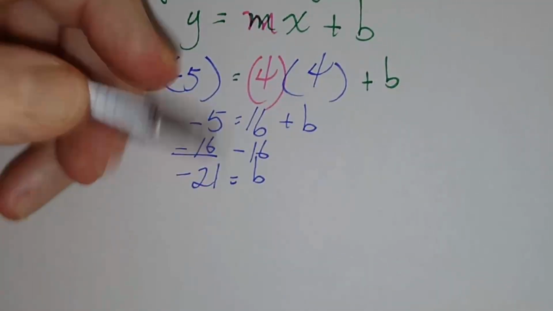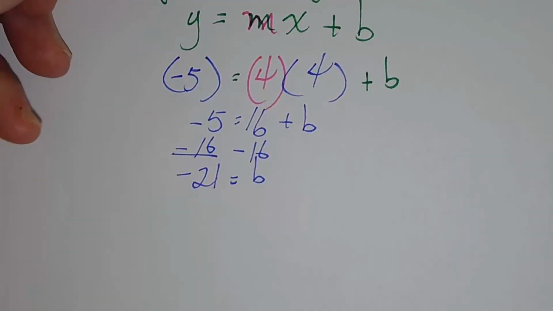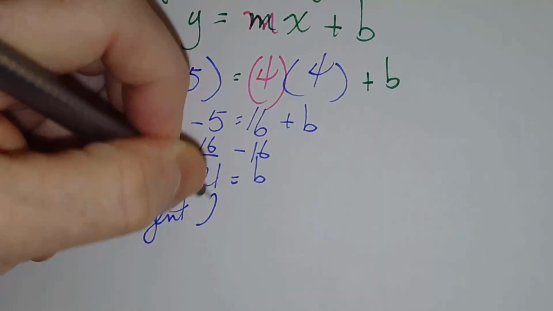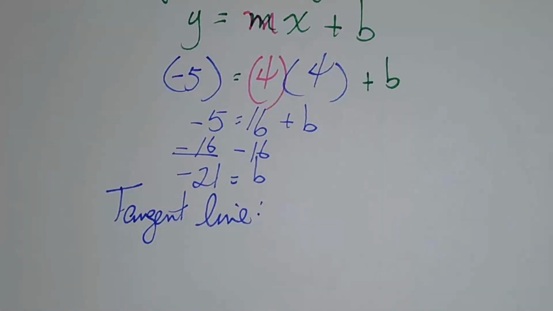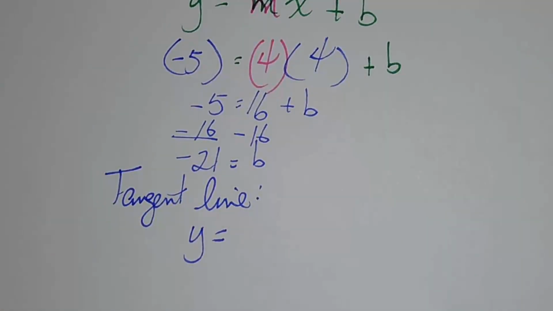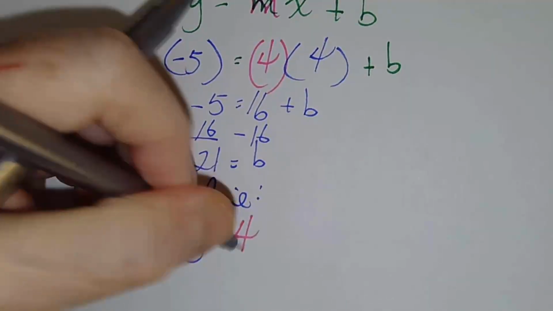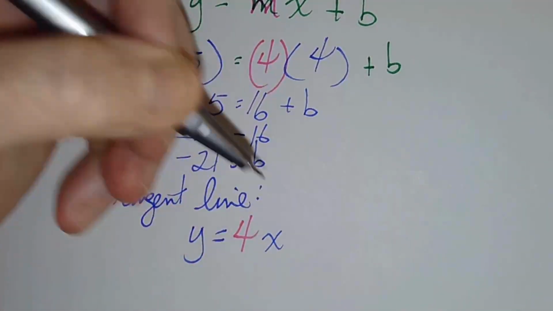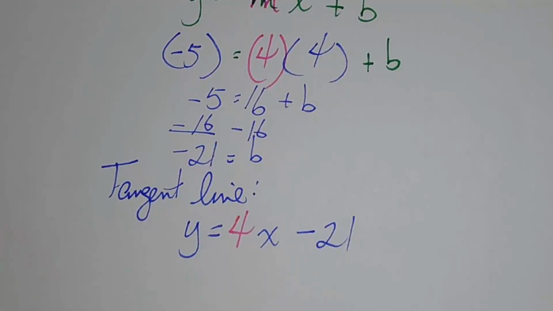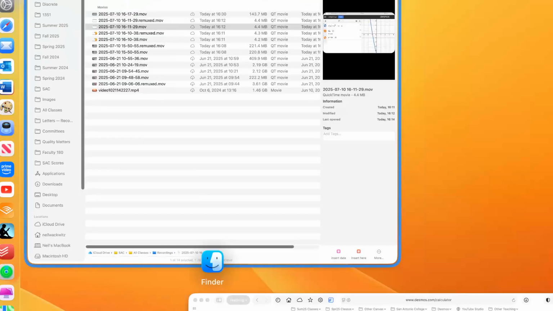And that means that the equation of our tangent line is y equals 4x minus 21. And now let's change to Desmos to look at this. All right, there we go.